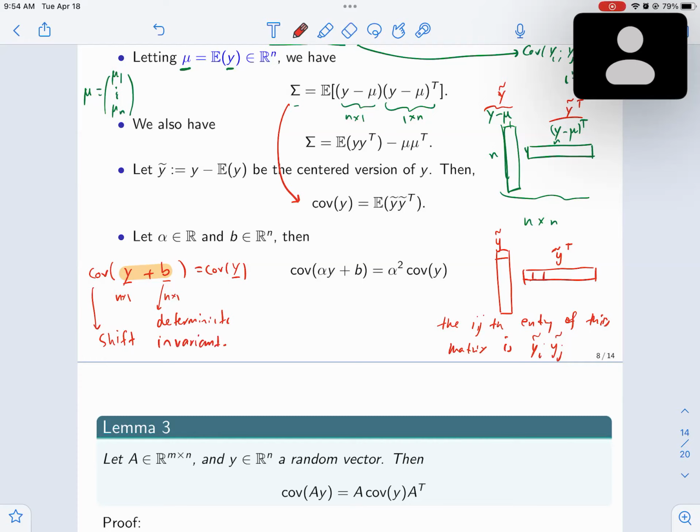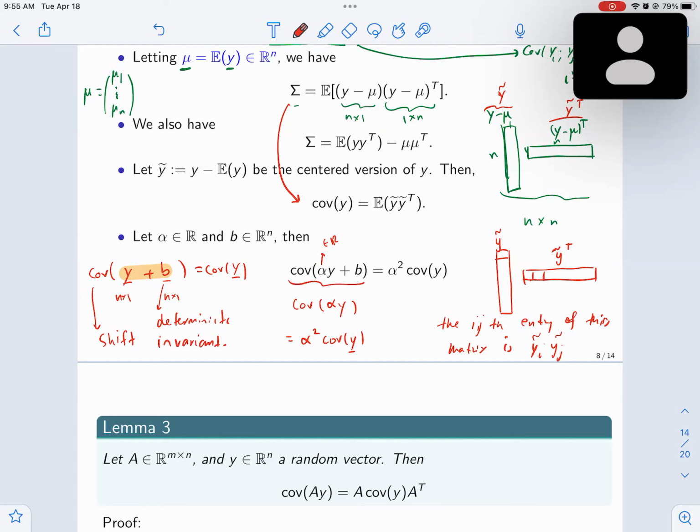The other thing is, if I look at, for example, the covariance of alpha times y plus b, where alpha is in R, this is first going to be equal to the covariance of alpha y because I can drop b, and then I can pull out alpha, but the scalar alpha comes out squared. So this looks like a variance, basically. So you get alpha squared times the covariance of y. This also follows easily. The centered version of this is going to be alpha times y tilde.